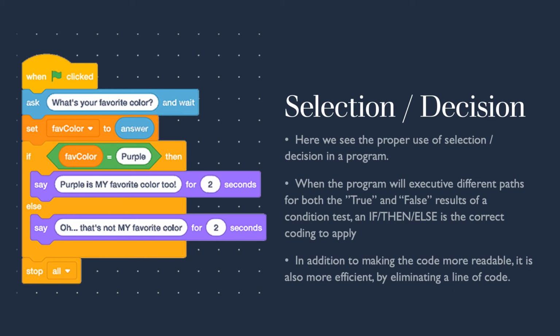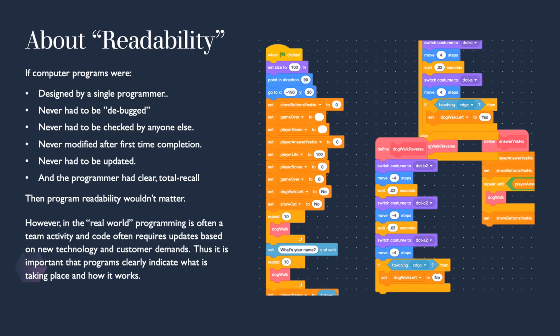It's easier to follow. Now, a word about readability. If you have a program with stuff all scattered over the place, you can't figure it out. If computer programs were only designed by a single programmer, never had to be debugged, never had to be checked by anybody else, never had to be modified once you finished it, never had to be updated, and the programmer could remember exactly why it did everything 2 years later, well, program readability wouldn't matter, comments wouldn't matter.